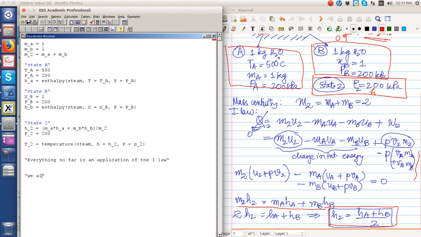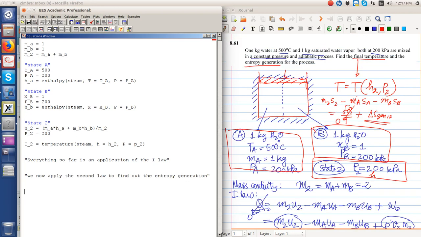We now apply the second law to find out the entropy generation. The entropy generation is equal to the change in entropy, because there is no heat transfer from the insulated vessel. So Sgen 12 is equal to M2 multiplied by S2 minus MA multiplied by SA minus MB multiplied by SB.